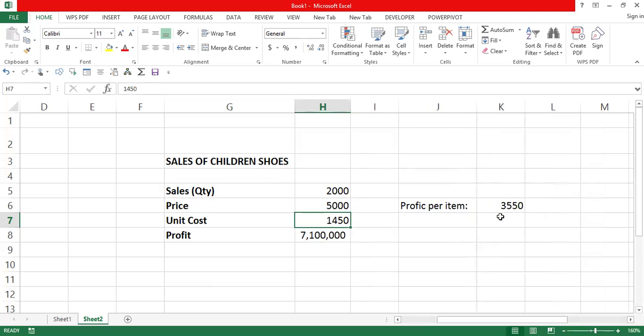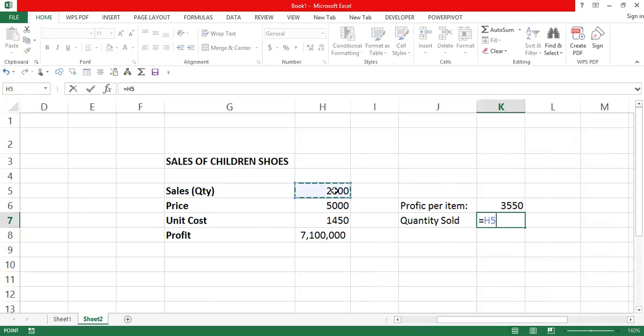Now, this is the cost per item. Then we have quantity sold. Quantity sold is what? It's 2,000. Okay. Then the profit will be what?